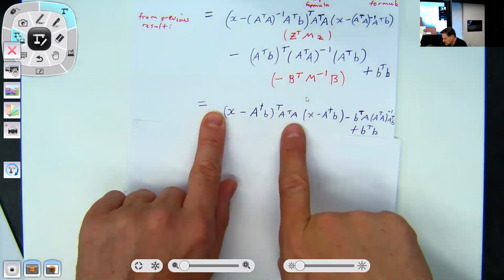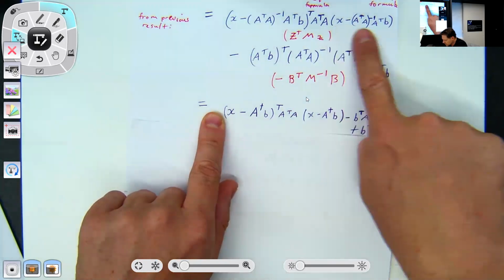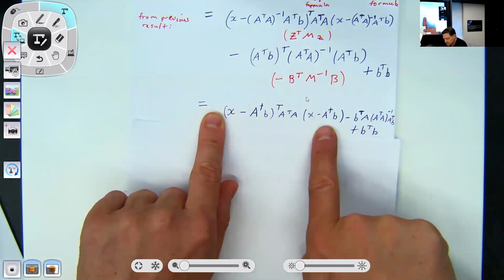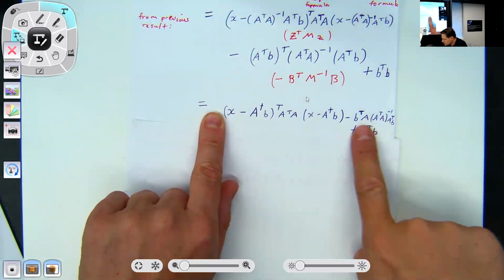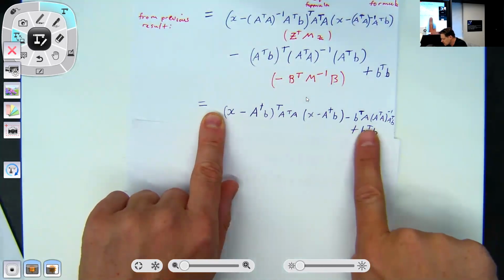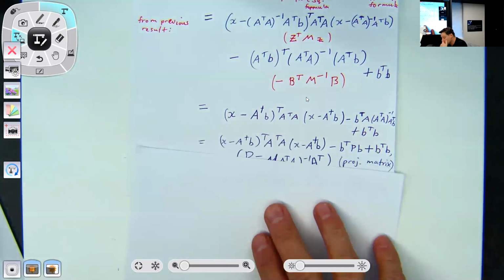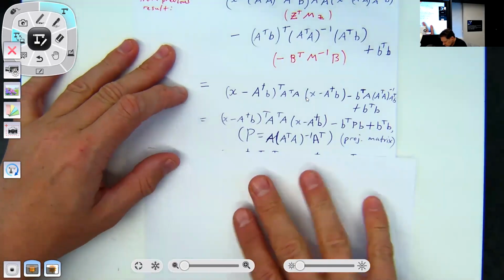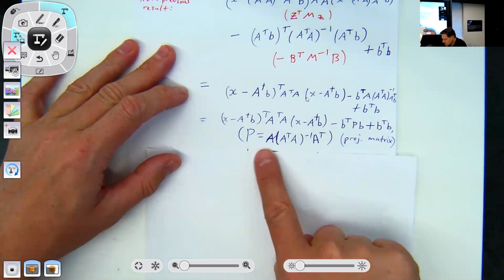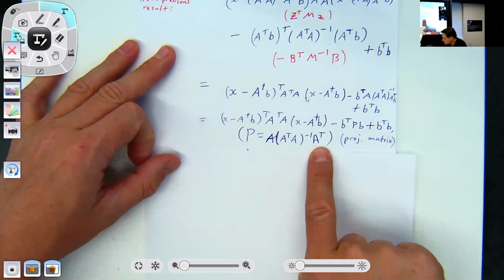We still have the A transpose A there carried down. And then this one here is X minus the pseudo inverse of A times B. And then this stuff, I think, is just carried down. And then B transpose B. Okay, now simplifying this, we can now say, let's let P be equal to this expression, right?